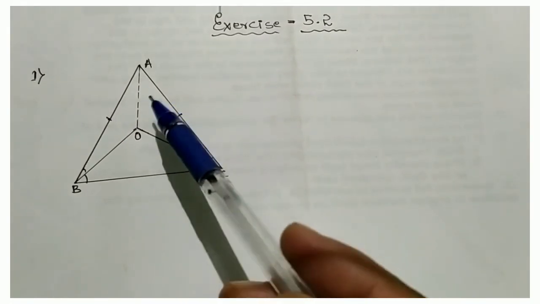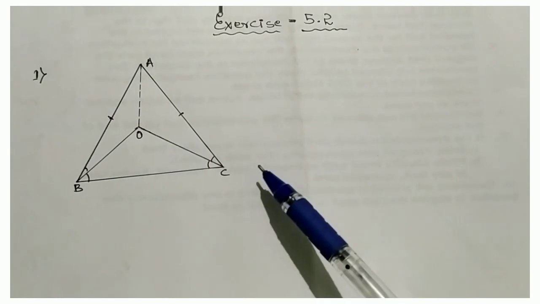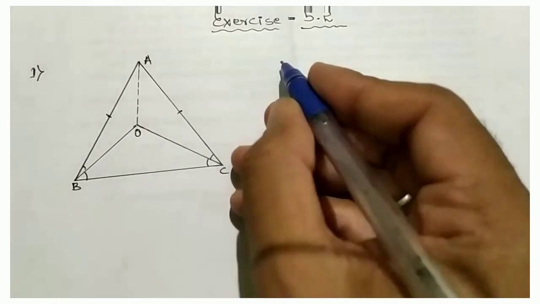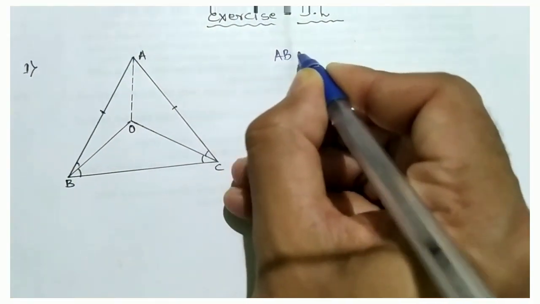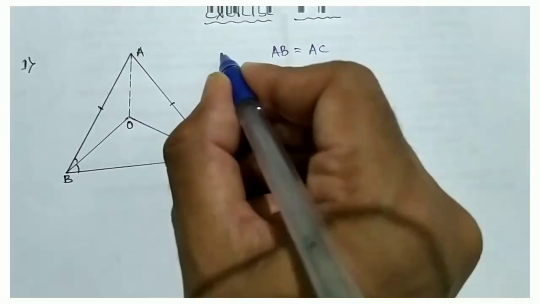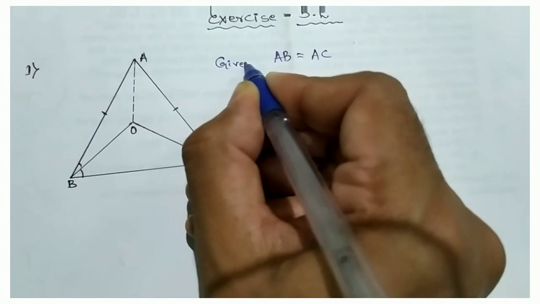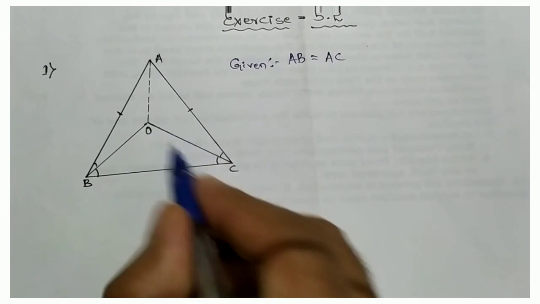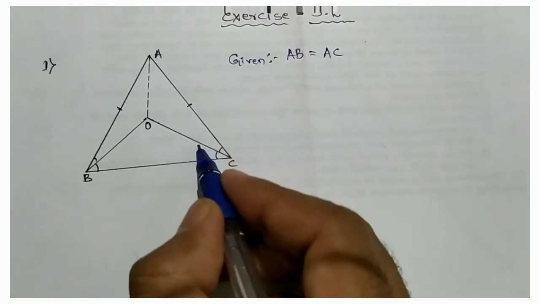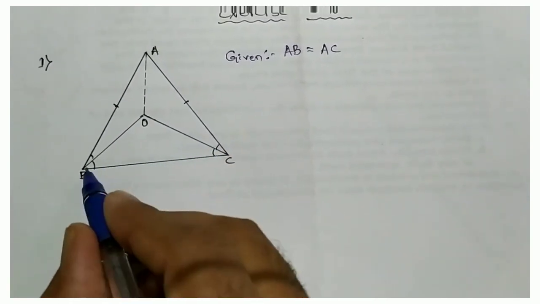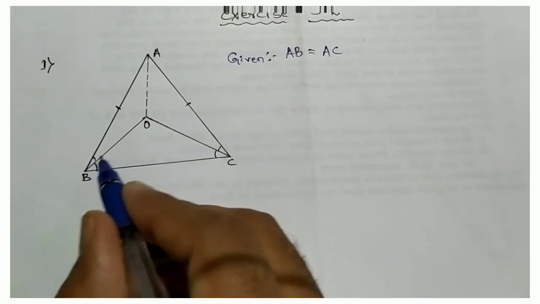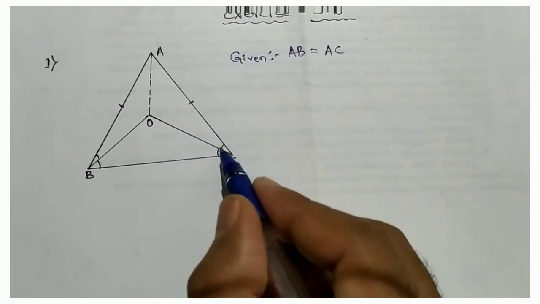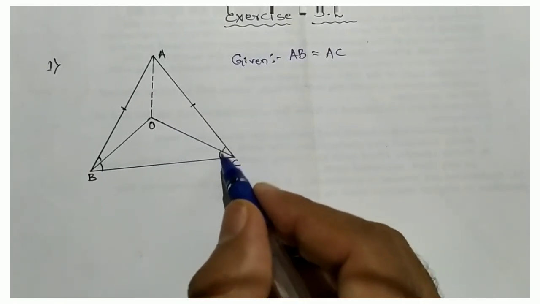Here is the diagram ABC. AB equal to AC is given, so this is the given point you have to write. Next, BO and CO are bisectors. They are making angle B into two equal parts and angle C into two equal parts.